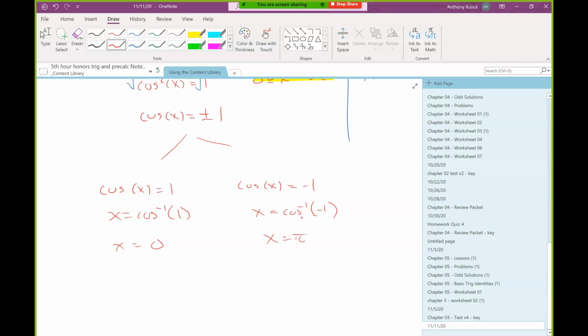If I wanted any answer, I can just add everything coterminal to it. But if you look carefully at these, we could do a little bit better.